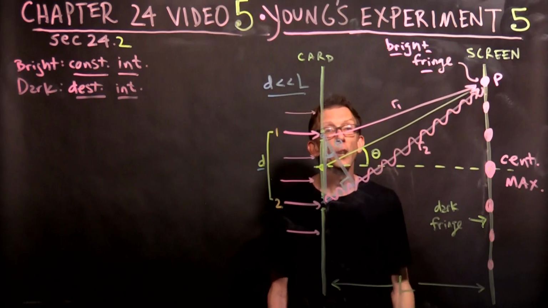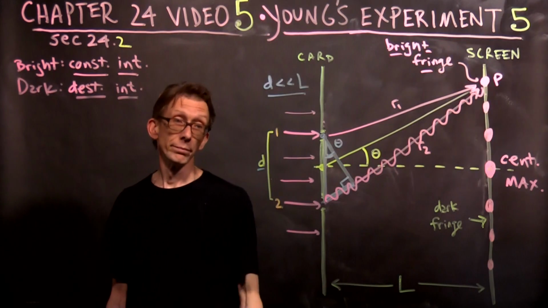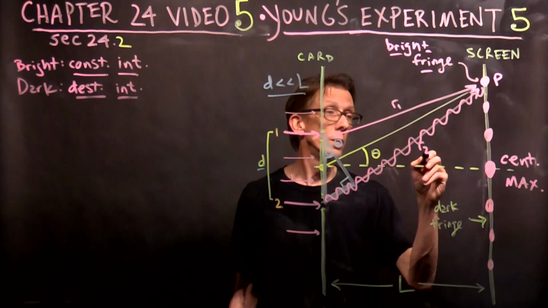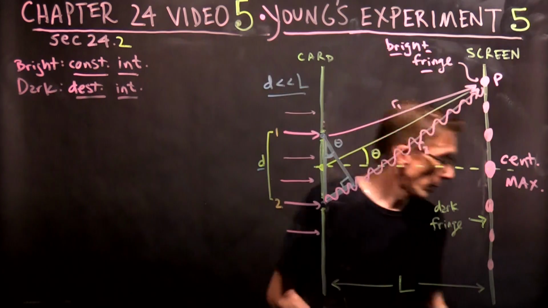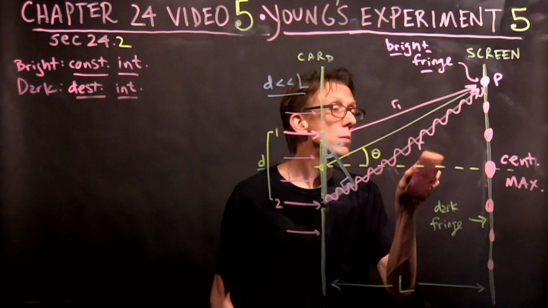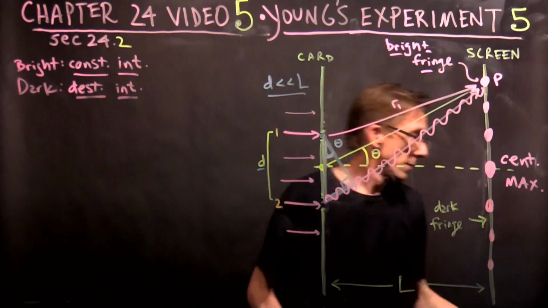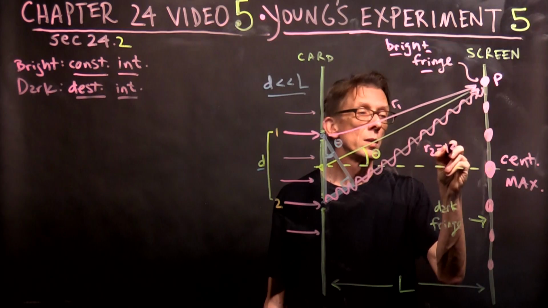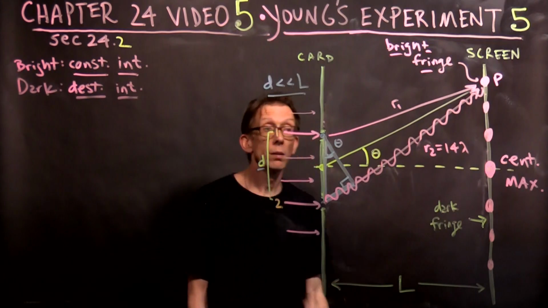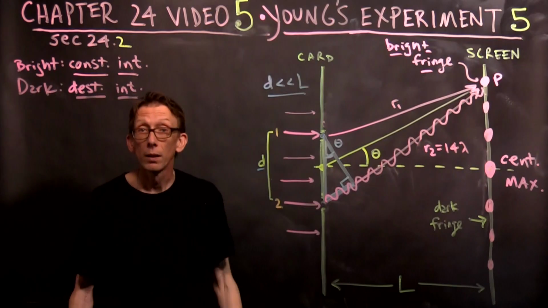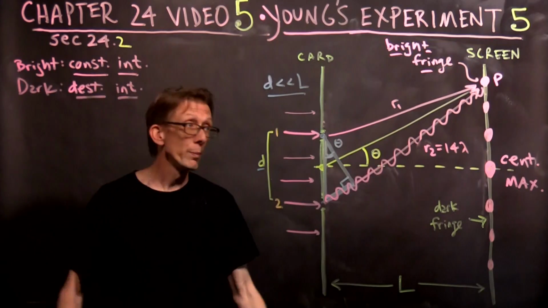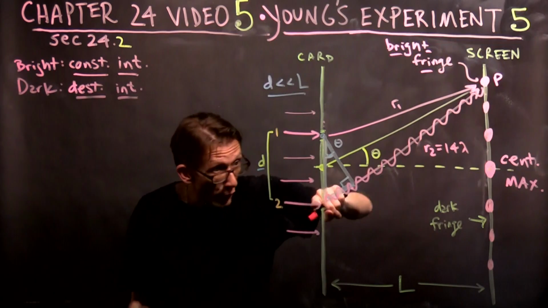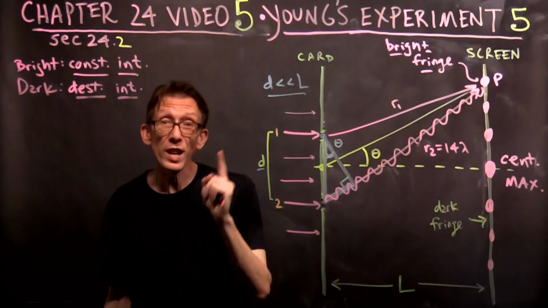I put 14 wavelengths between. So R2 is 14 wavelengths, whatever the wavelength is. It could be 500 nanometers, it could be a picometer, we don't know what it is, doesn't matter. I've drawn in that distance there, 14 wavelengths.